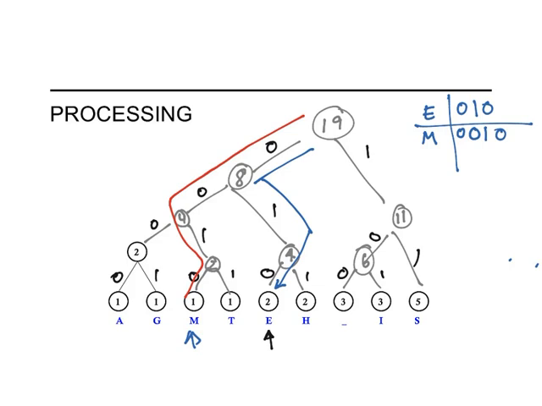And let's do one more, the I. I will follow this path, which implies 1 here, 0, 1. So you can see that we have a variable length.